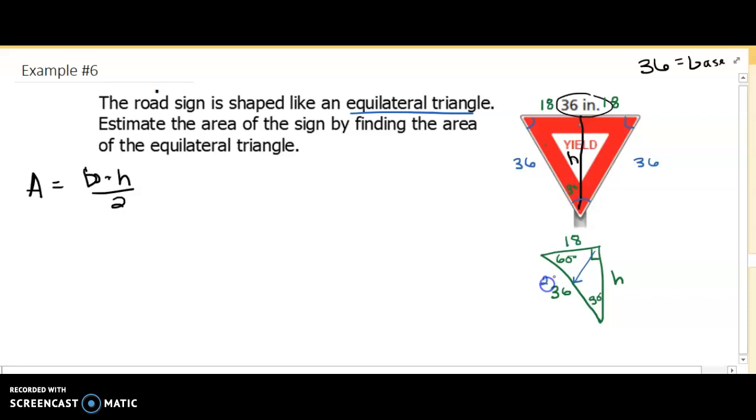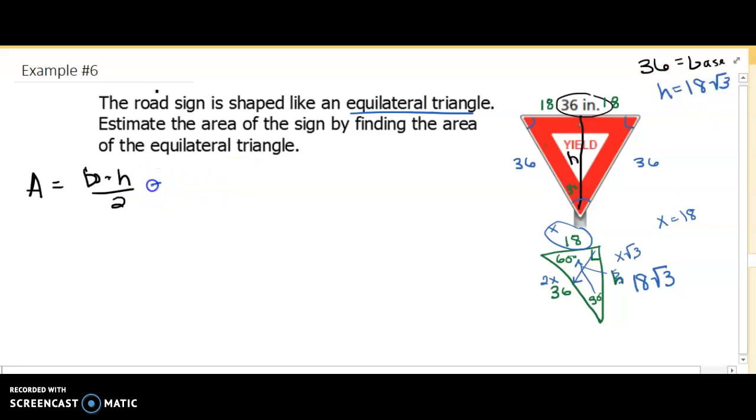Opposite of 90 is 2x. Opposite of 30 is always x, and our h, or opposite of 60, is always x square root of 3. So my x is 18. So this side here is 18 square root of 3. So my height is 18 square root of 3.